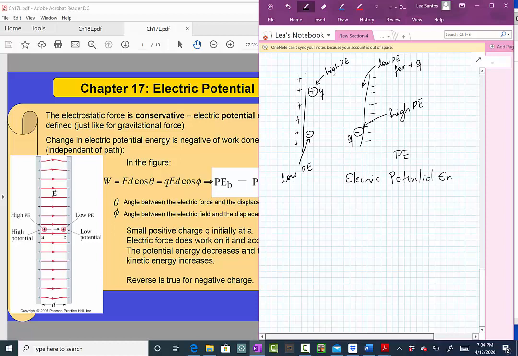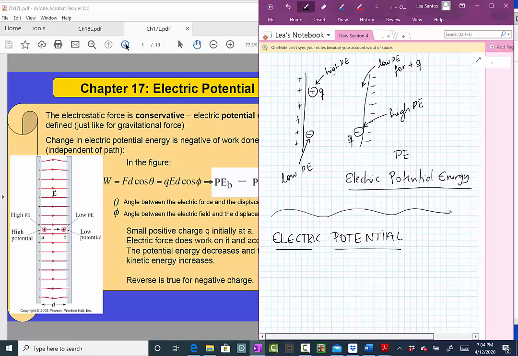And this electric potential energy depends on which particle we are talking about, positive or negative, and on the position where we put this particle, close to the positively charged plate or the negative one. Now we are going to introduce a new concept that we call just potential, not potential energy. And what we are talking about here is electric potential.